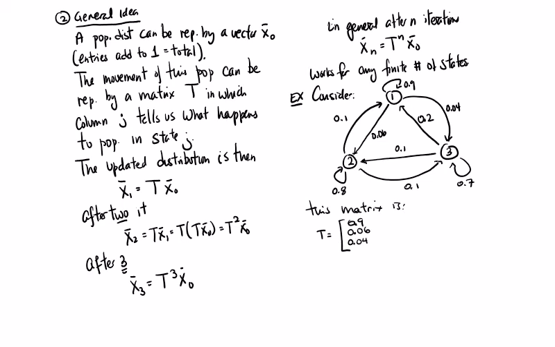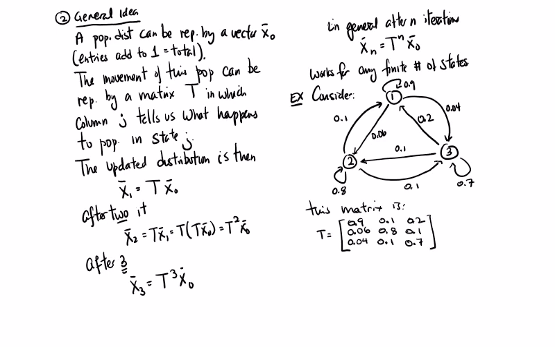If you are in state 2, there's a 0.1 chance that you go to state 1, a 0.8 chance that you stay in state 2, and a 0.1 chance that you go to state 3. If you are in state 3, there's a 0.2 chance that you go to state 1, a 0.1 chance that you go to state 2, and a 0.7 chance that you stay in state 3.